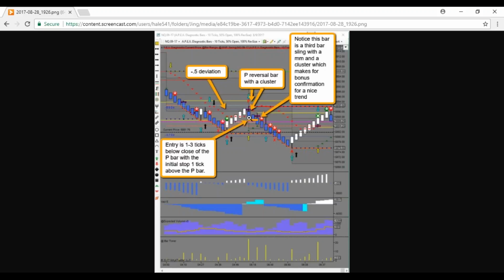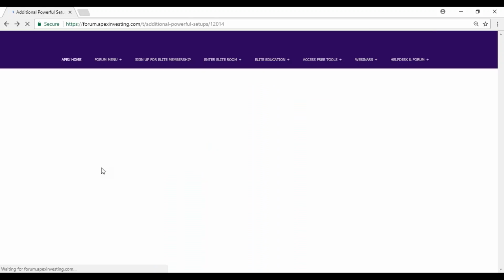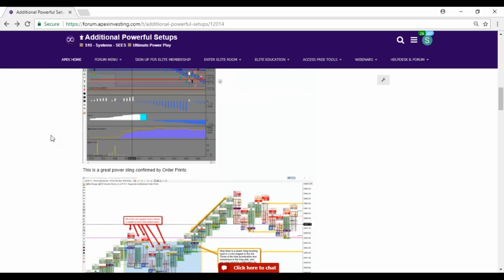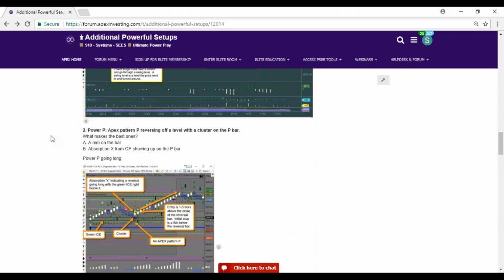Dan says, well, there's no X. And that is true. But remember the rules here. That's your decision whether to take it or not. But a power P just has to be an apex pattern P reversing off a level with a cluster.